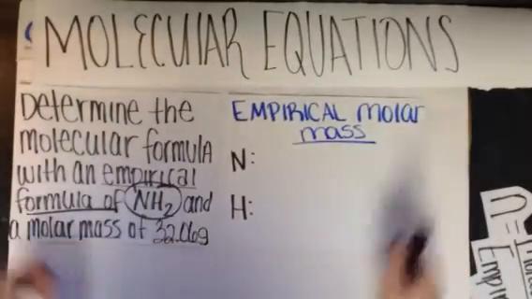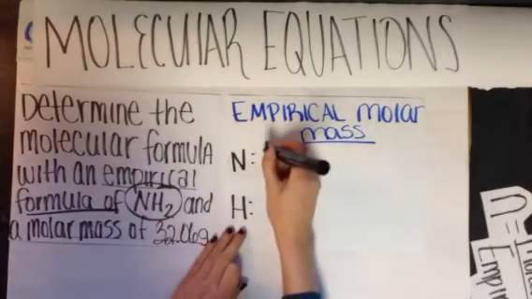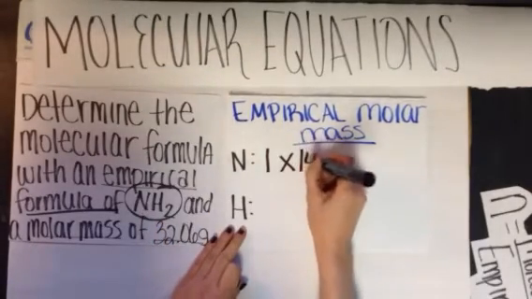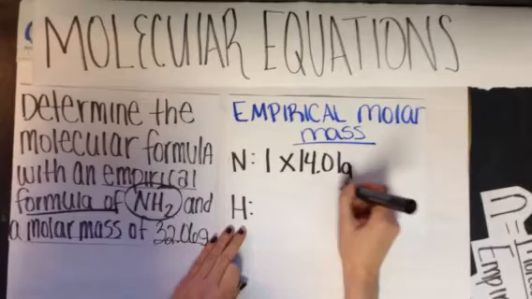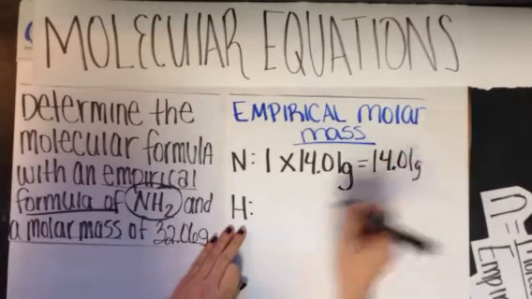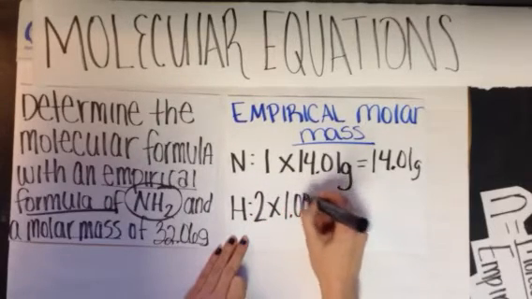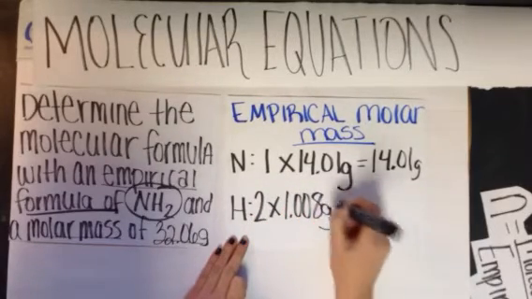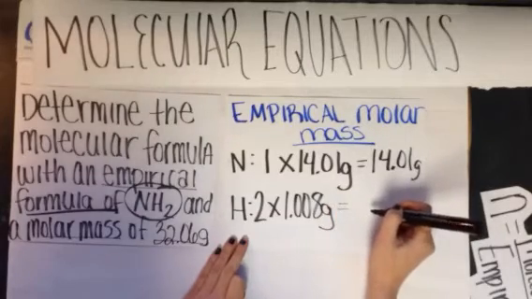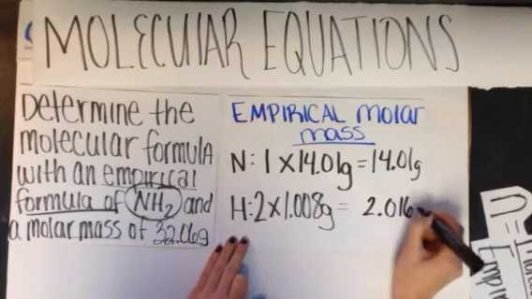Let's find the empirical formula's molar mass. I have N, I have H. I have 1 N times 14.01 grams on the periodic table. Just going to do a molar mass calculation. And I have 2 atoms of hydrogen times 1.008 grams of hydrogen on the periodic table. So I end up with 2.016 grams.